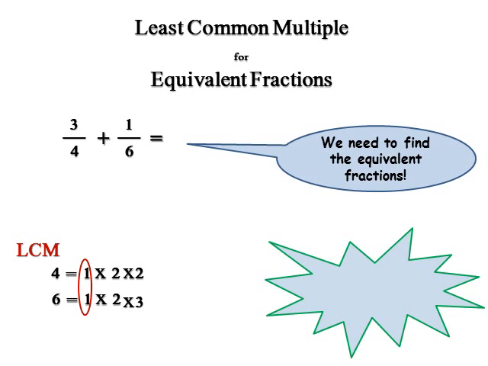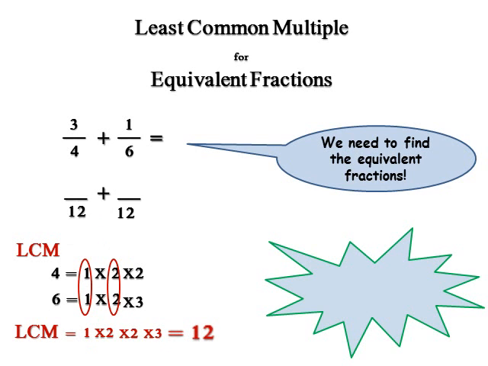Let's circle the common ones, 1 and 2. So your LCM would be 1 times the common 2, times the 2 that was not circled, times the 3 that is not circled. So the least common multiple is 12.